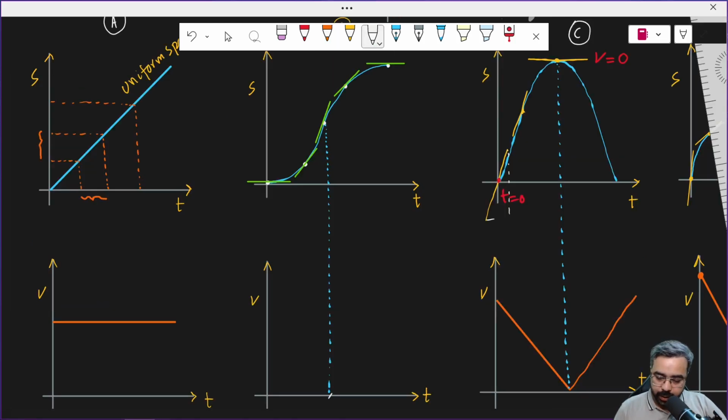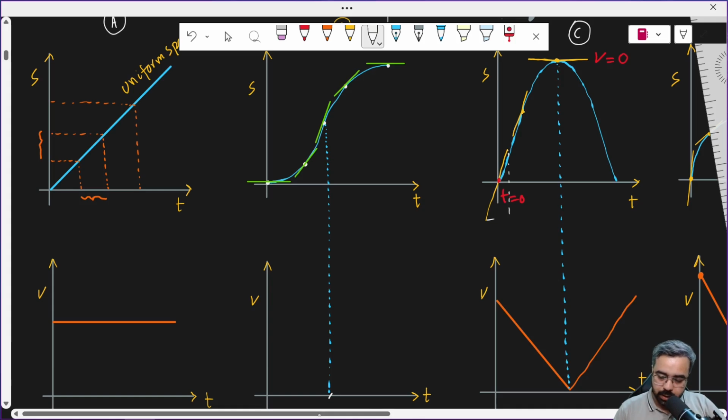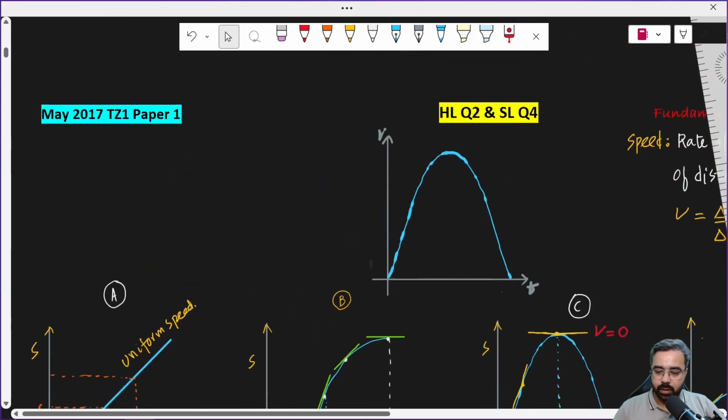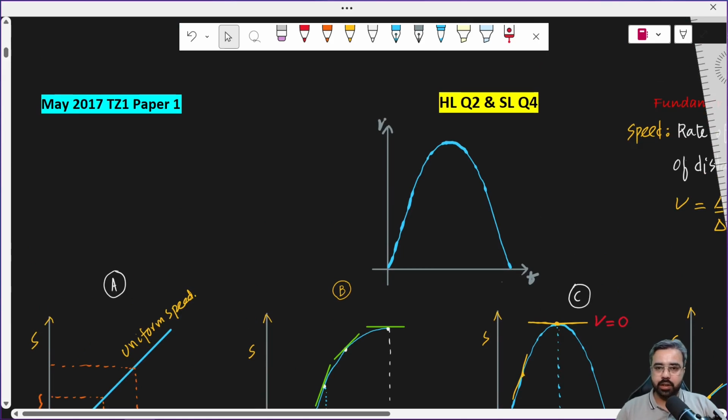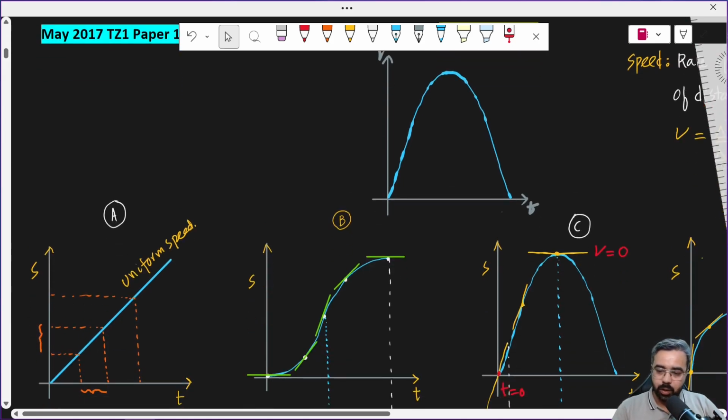Exactly at this time the speed is maximum and it is starting from zero, so it should be like this. All right. And then again it will go like this, right? Exactly at that time the speed is again zero, which is obviously 100% relating with this graph. So the right answer should be option B.